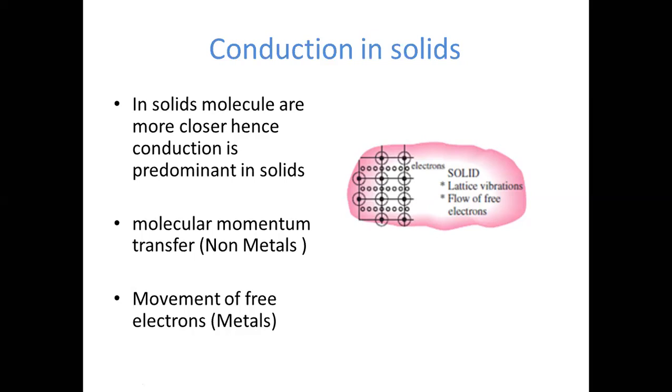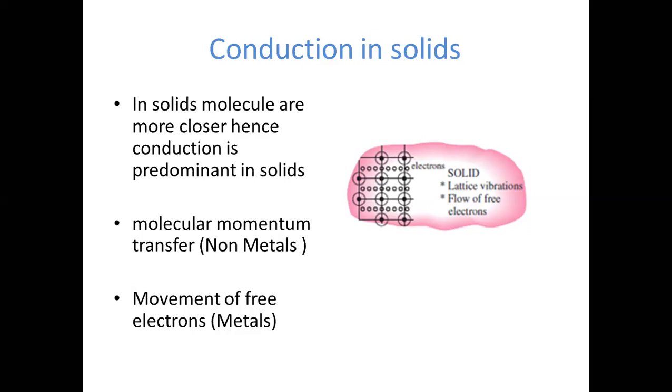Lattice vibration happens more predominantly in the case of non-metals, and the movement of free electrons happens more predominantly in the case of metals.